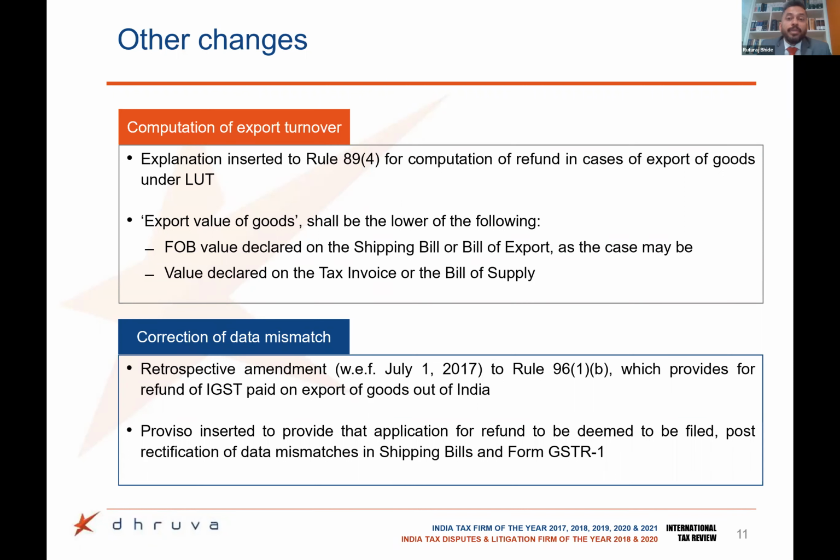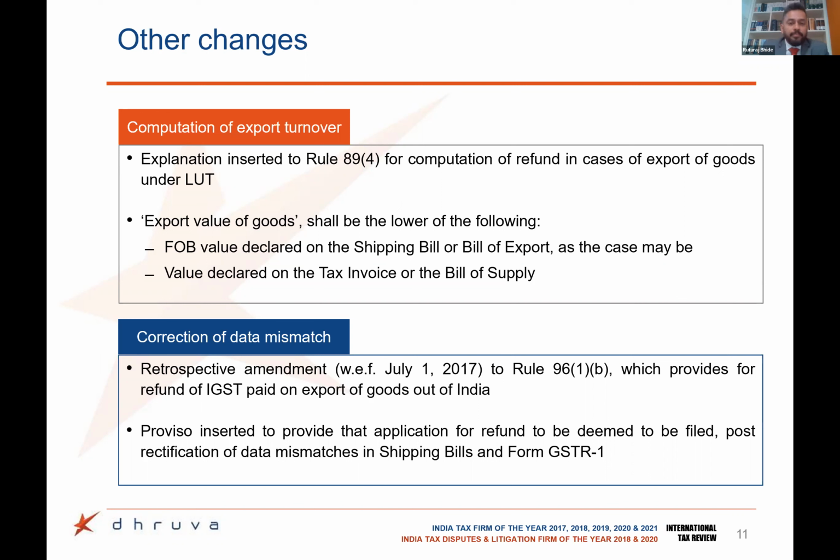An explanation is typically considered to be retrospective in nature. So what may happen is that tax authorities may go back to the refunds which have been granted to check whether the refund was given on a lower value or on a higher value. That will be an interesting area to watch out for, as to how authorities look at this amendment.